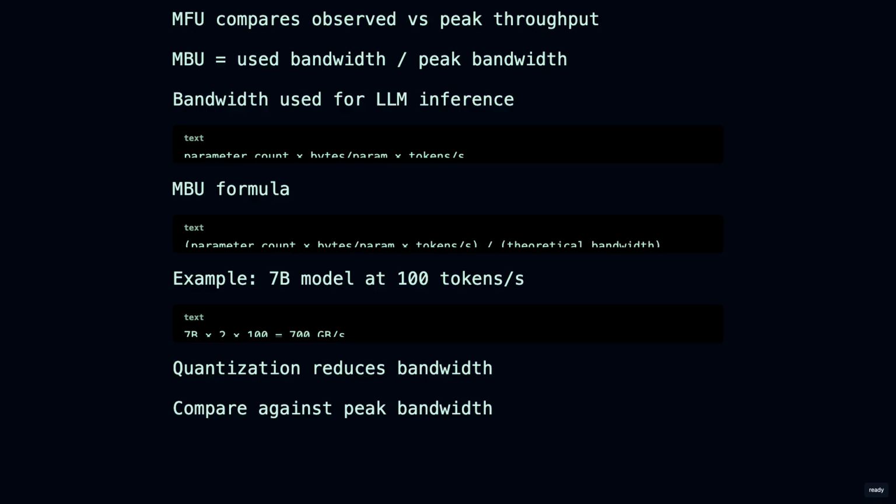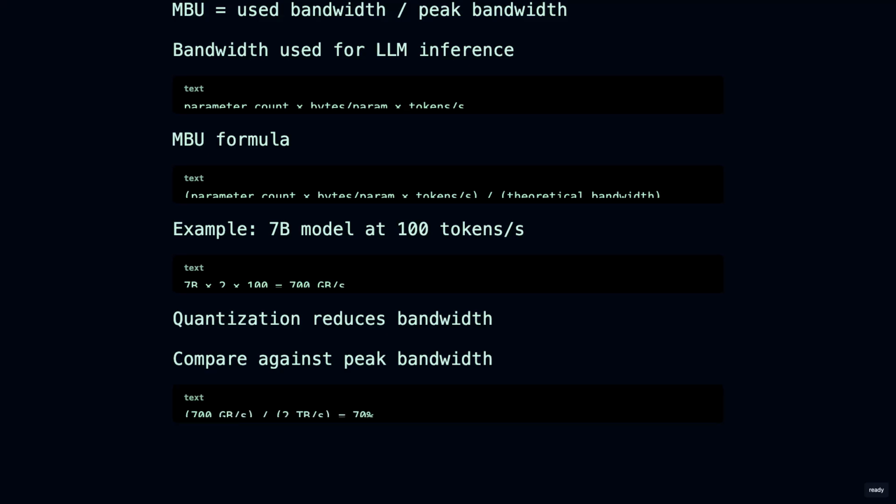The ratio tells you how much of the hardware's memory capability you are using. So in this example, the service is using about 70% of peak bandwidth. That means memory access is already a major part of the workload.